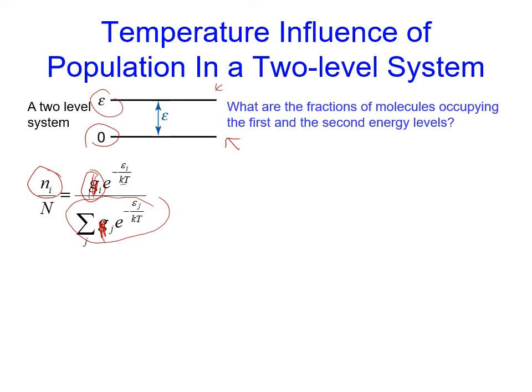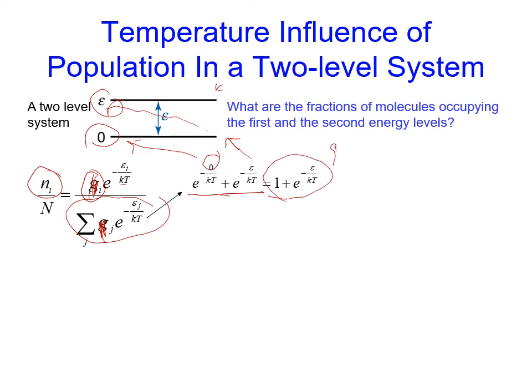The first energy level is 0, and so we have e to the negative 0, that's the energy for the first energy level, divided by kT, plus the second energy level, which is e to the negative epsilon divided by kT. The summation over both energy levels gives you the partition function.